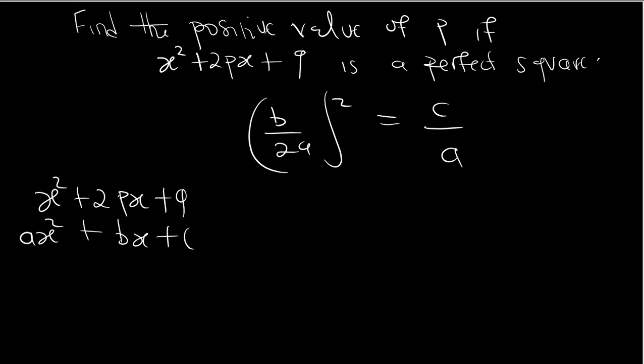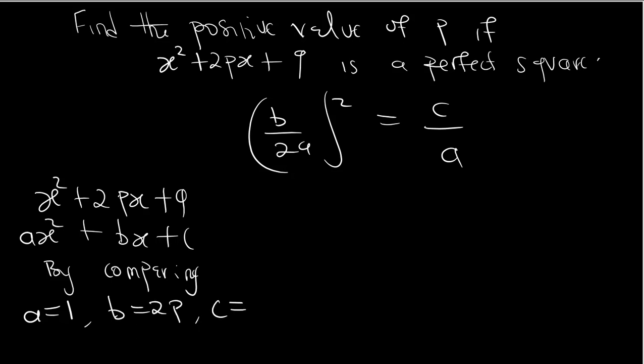So with this, by comparing, we know that our a, which is the coefficient of x squared, is going to be 1. Our b, which is the coefficient of x, here is going to be 2p. And our c is going to be 9. If that is the case, then per the substitution, we are going to have what?